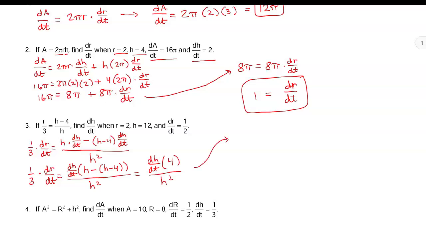Substituting in values we know, I know that dr/dt is 1/2, so I have 1/3 times 1/2 equals 4 over 12 squared times dh/dt.